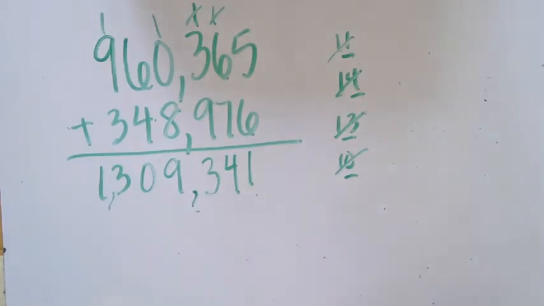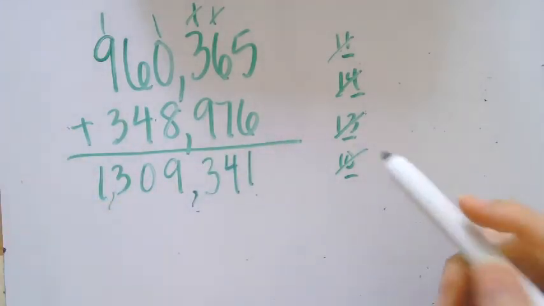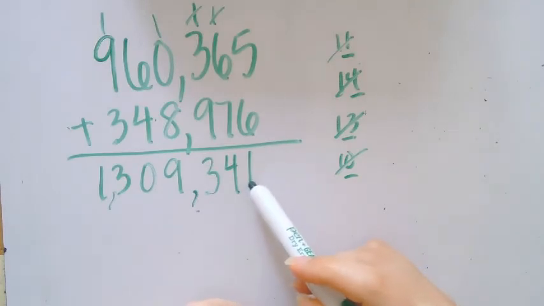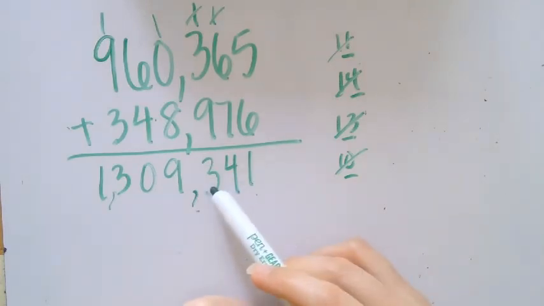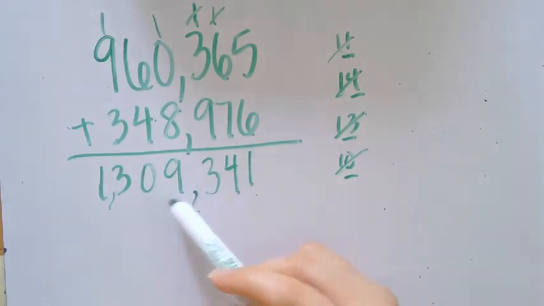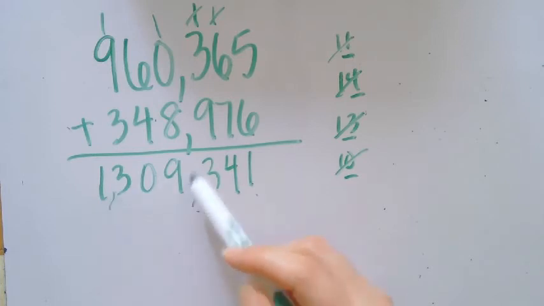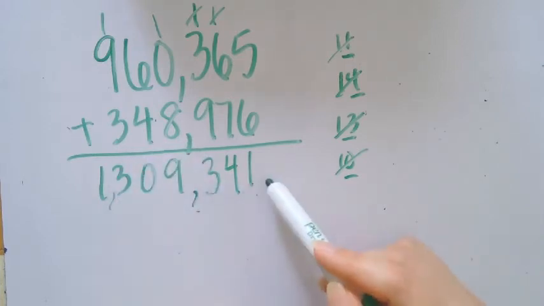Challenge. How do you read that number? If you're not sure because it's like, whoa, it's a huge number, start with what you do know. You know that's 1, 41, 341, 9,341. Still 9,341. 309,341.